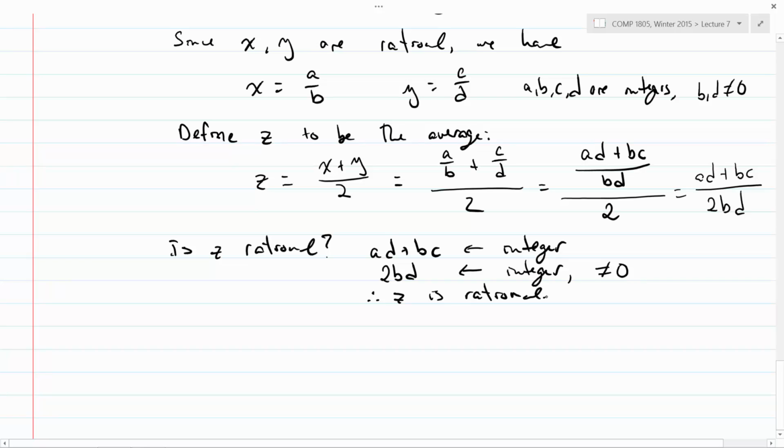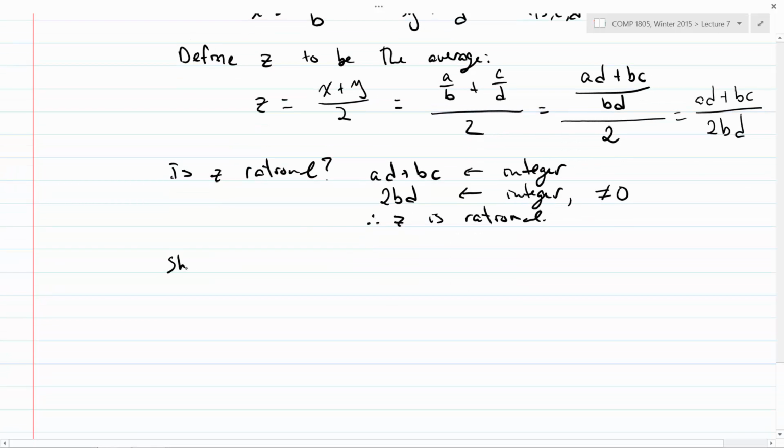Okay, so now I need to prove that it's really in the range I want. So I need to show, well, I'll phrase it like this. So is z between x and y? That's what I need to do now.